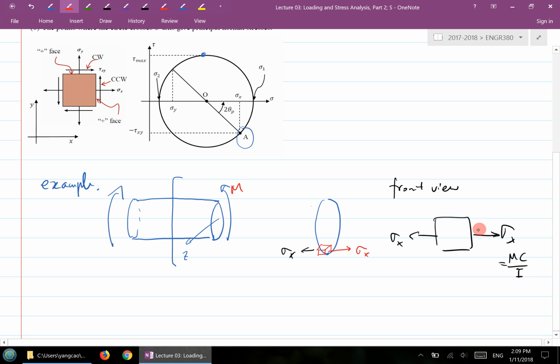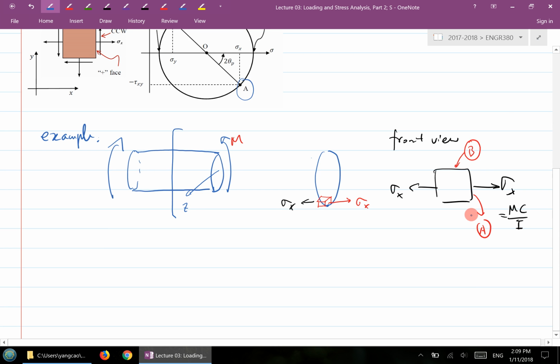And this is our face A, and this is our face B. Okay. So now I'm ready to draw a Mohr circle based on this state of stress, this stress element. First of all, you can write down the face A coordinates, which is sigma x, 0, because there's no shear stress.